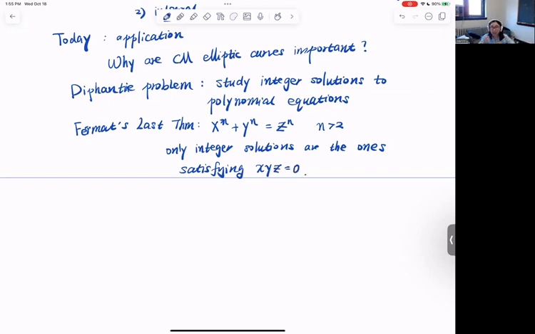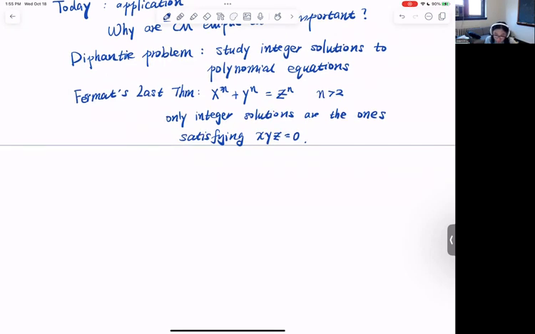All the integer solutions are the ones where at least one of x, y, z is 0. This is one of the most famous Diophantine problems. And the proof of Fermat's last theorem heavily relies on elliptic curves. And actually that is the key ingredient we're going to introduce today.